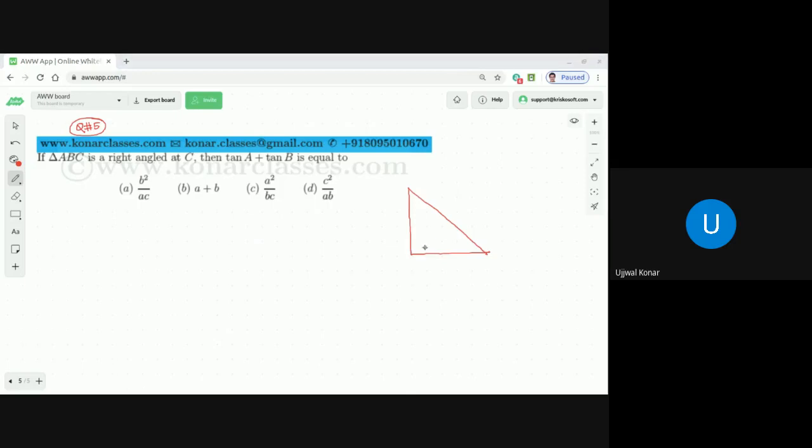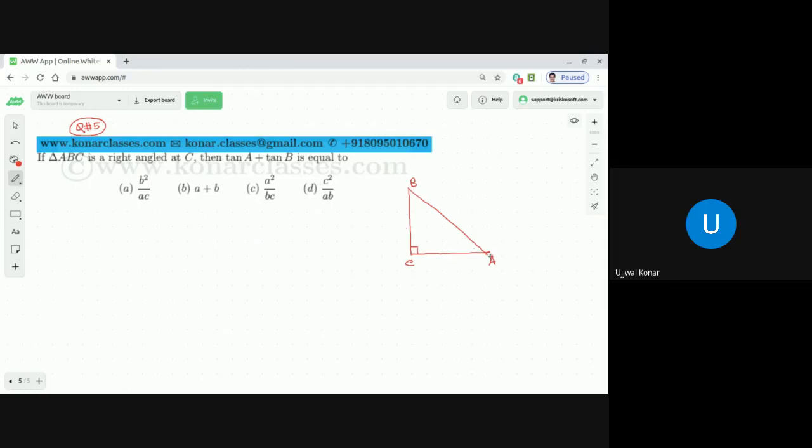If we look into this particular question, it is A, it is B, and it is C. C is the right angle. Now tan A plus tan B. We know in a triangle, dear students, always remember that capital A, B, C denote the angles, and opposite to those angles, the sides are denoted by lowercase letters.